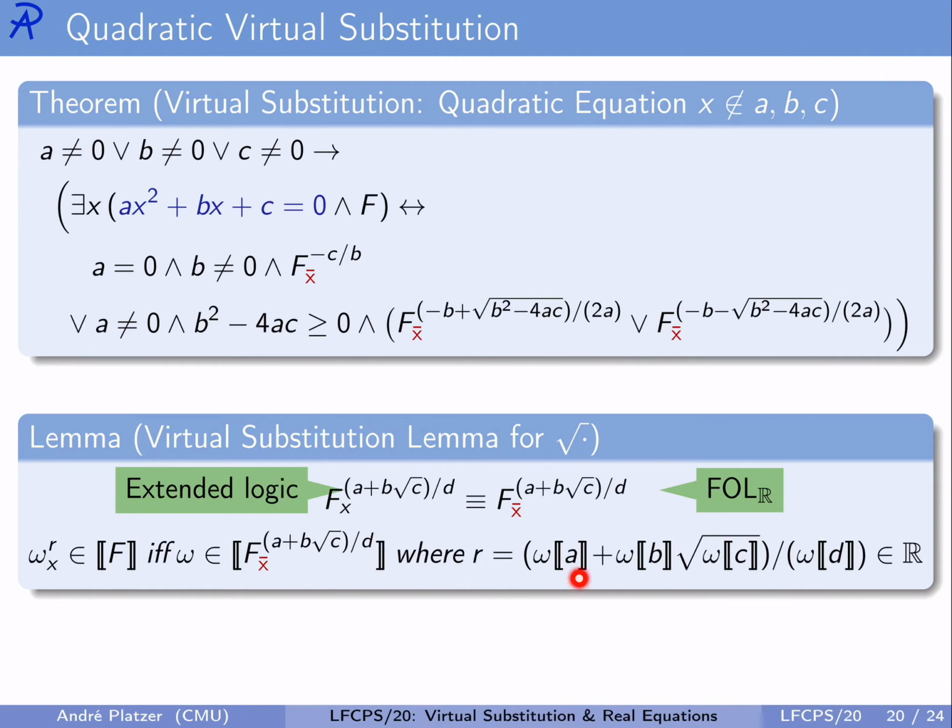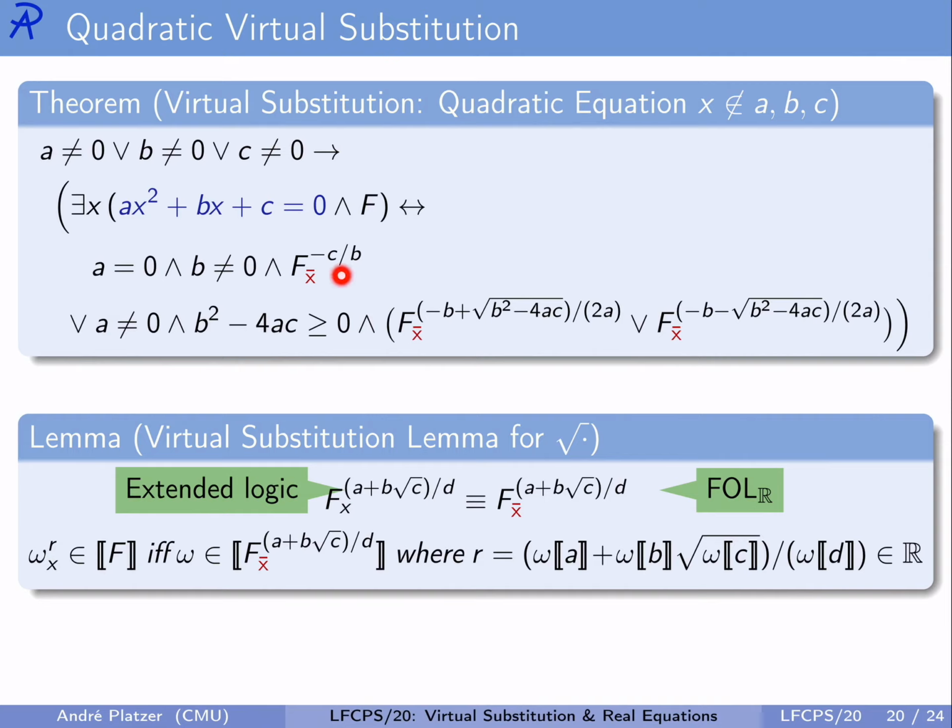So it's the value of a plus the value of b in this state multiplied with the square root semantics of the value of c divided by the value of d. And of course, these things are true only if the square roots are well defined and the divisions are well defined, but that's precisely what the rest of the formula is already checking.